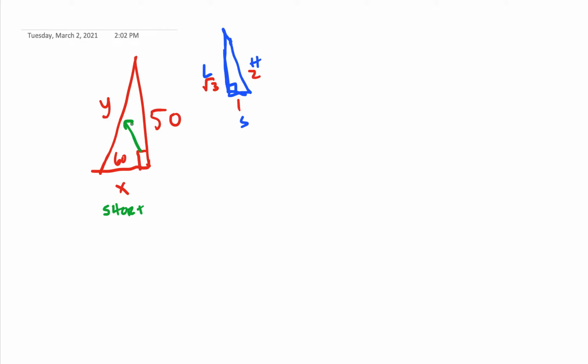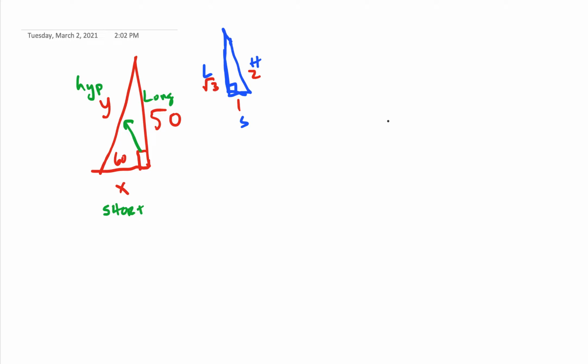Hypotenuse is here, across from the 90, so that's the hypotenuse. That's the long leg. Long or large, I've used both words. So we're going to be able to match them, right? The short leg goes with x, the hypotenuse goes with 2, the y goes with 2, and then the long leg, 50, will match with the radical 3. So let's take a look.